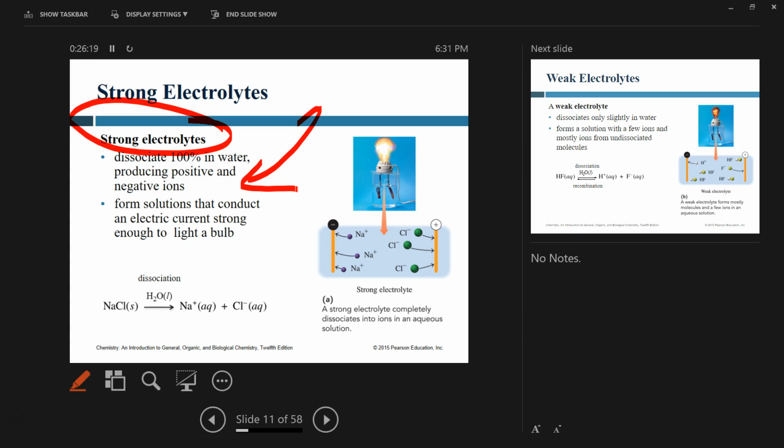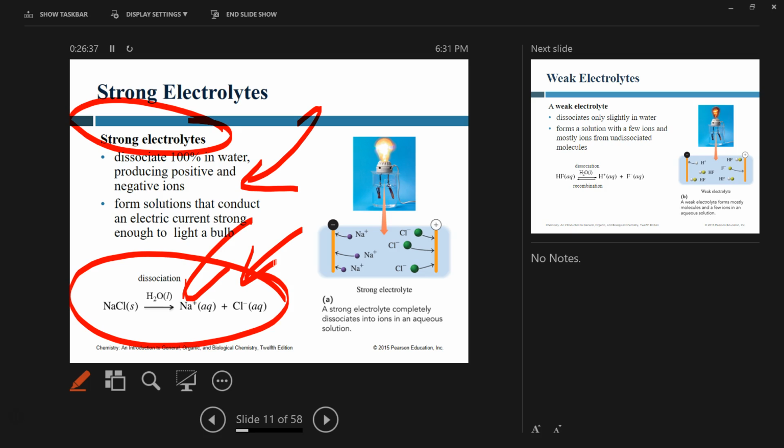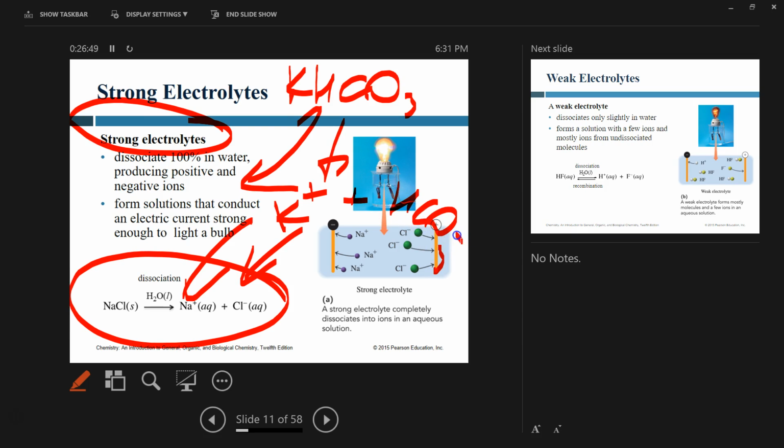The word means that they split into individual positive and negative ions. For instance, a solution of sodium chloride contains sodium cations and chloride anions. The solution of potassium bicarbonate will contain potassium cations and bicarbonate anions. Does that make sense? So they dissociate.